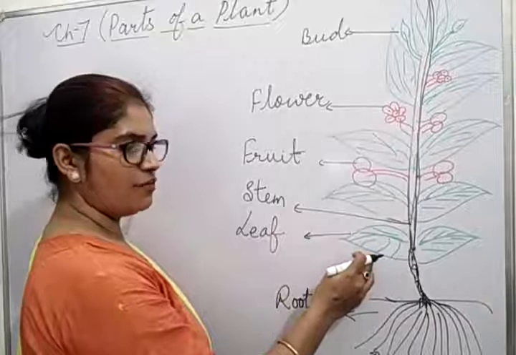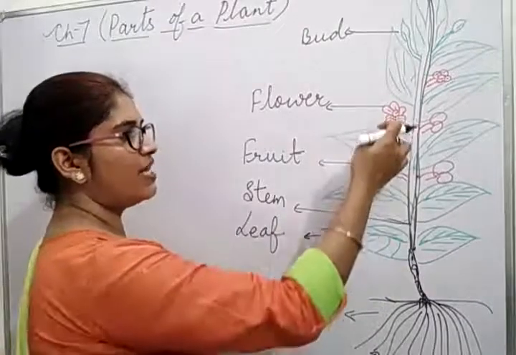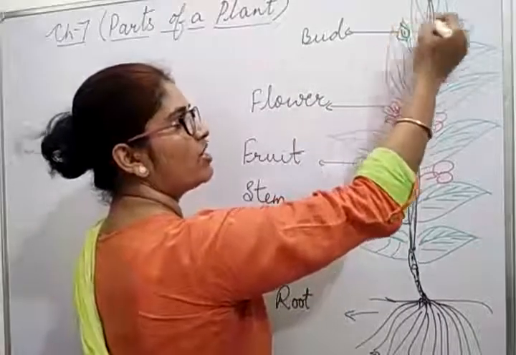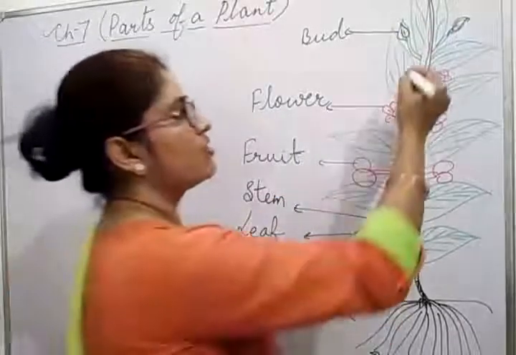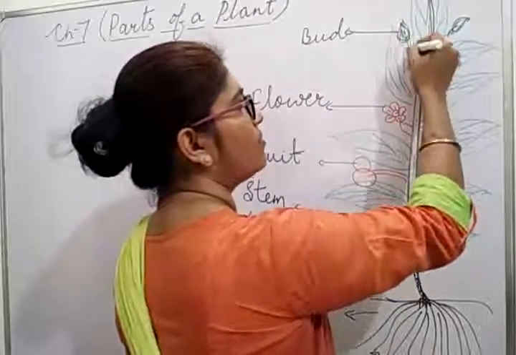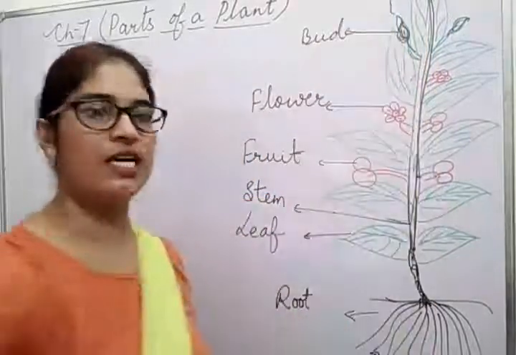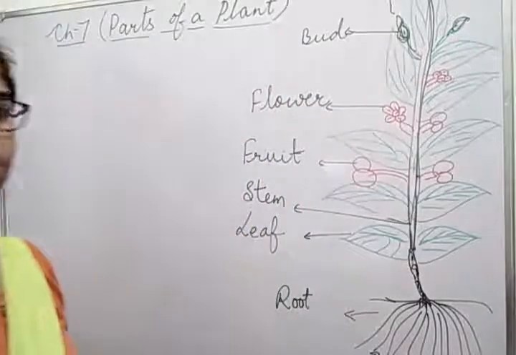And the greenish part which you are looking at in the plant is the leaf. Then this one is the fruit, then this one is the flower, and the smallest part which you are looking at here is called the bud. Okay, the flower bud. From that the flower comes out, and from the flower the fruit comes out, which we will study. So these are the parts of a plant which we are going to study today.